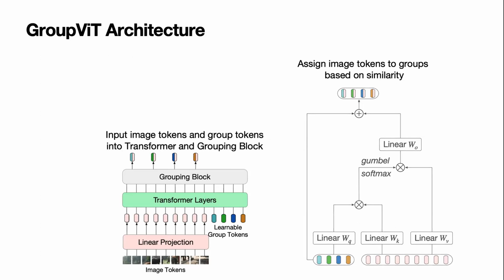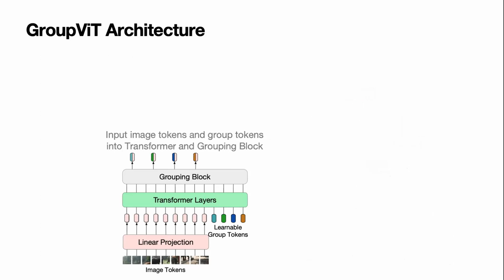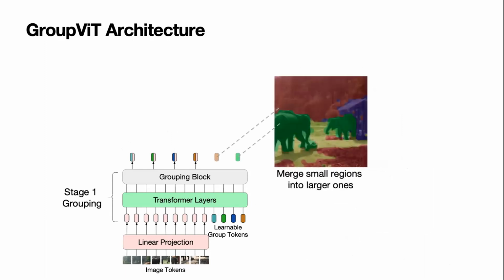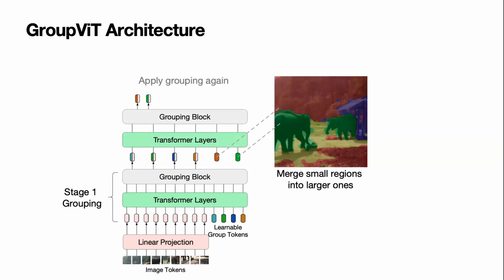So this grouping block essentially allowed us to group the image patches into first level groups, or grouping tokens. And then we had a hierarchical structure wherein after the first stage grouping, we had a second stage of grouping where these smaller groups will be merged together into larger groups.